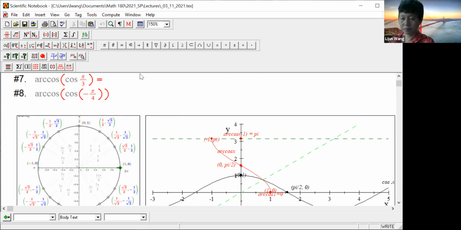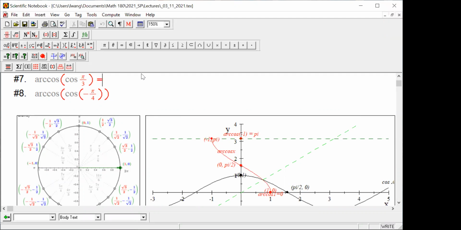What does 7 equal to? Look at those pictures, look at those notes in front of you. Is it pi over 3? That's right. Why?